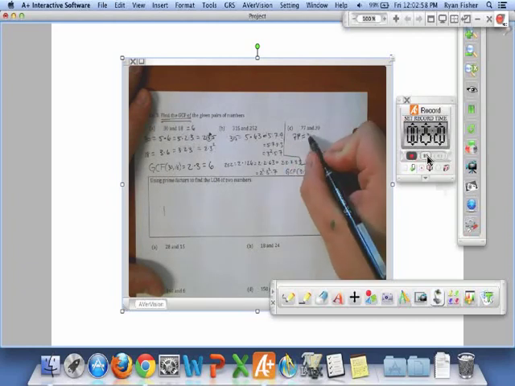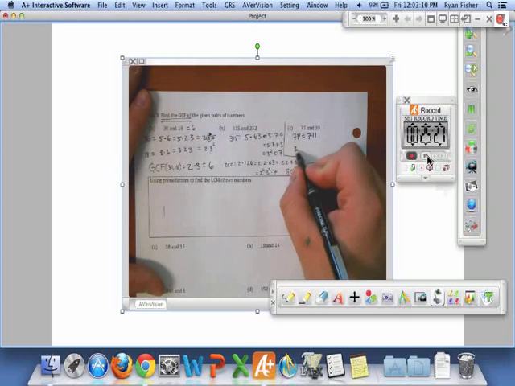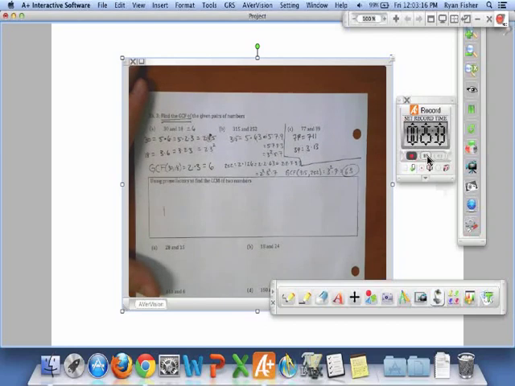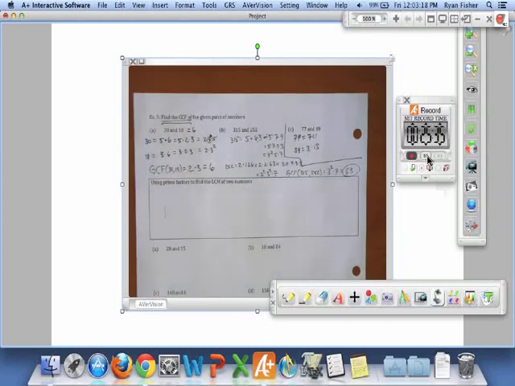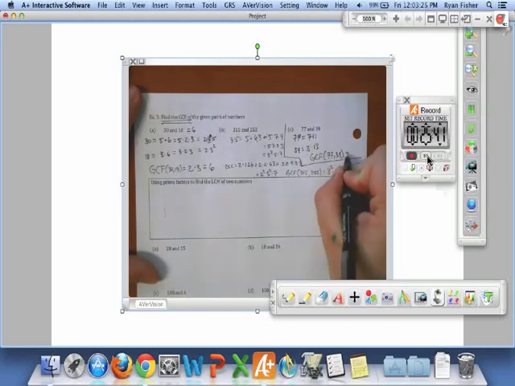So what's the greatest common factor between 77 and 39? Do they share any prime factors? No. So if they don't share any prime factors, then what's the biggest number that goes into both? 1.